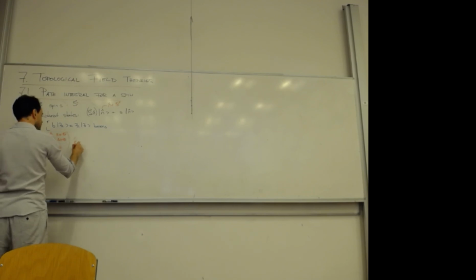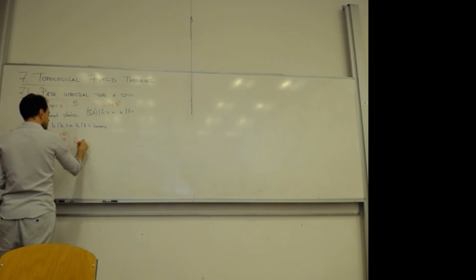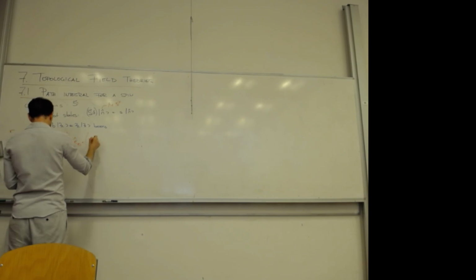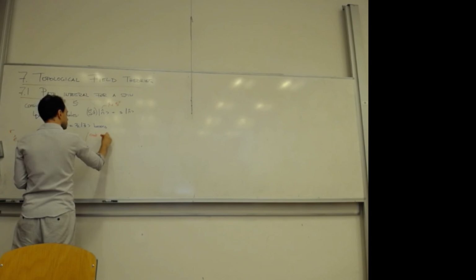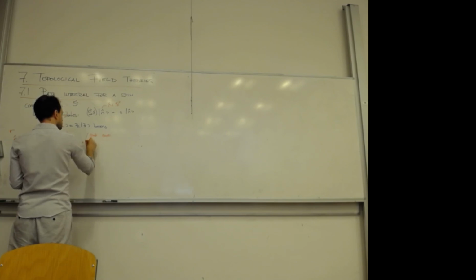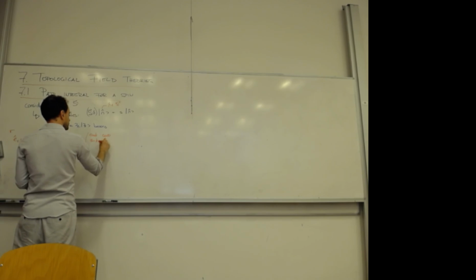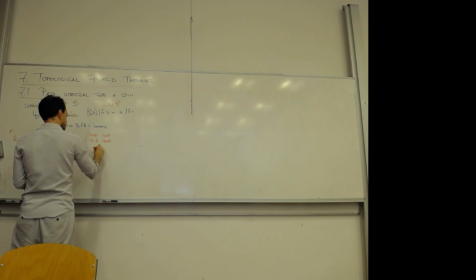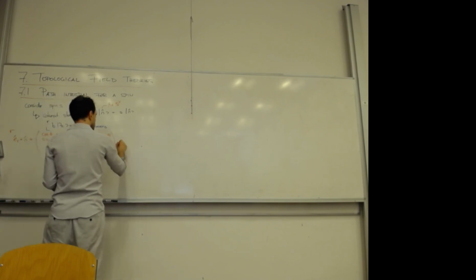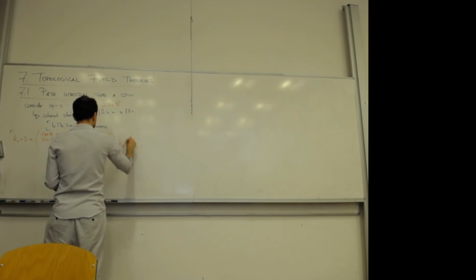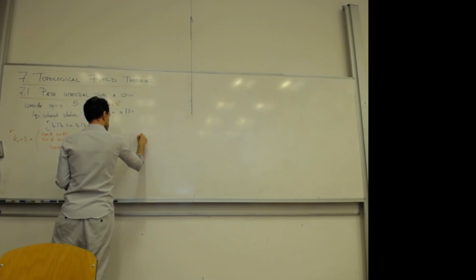We need e_theta, which is essentially the theta derivative of this thing here. That's going to be (cos phi cos theta, sine phi cos theta, minus sine theta). And we need e_phi, which is just (minus sine phi, cos phi, 0).